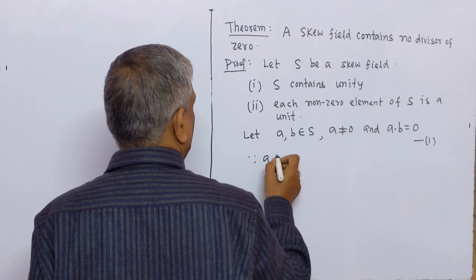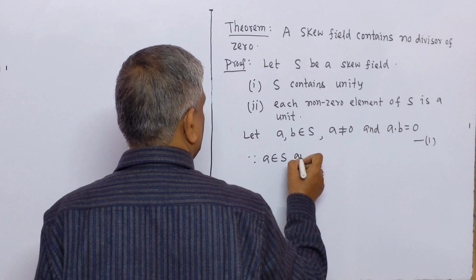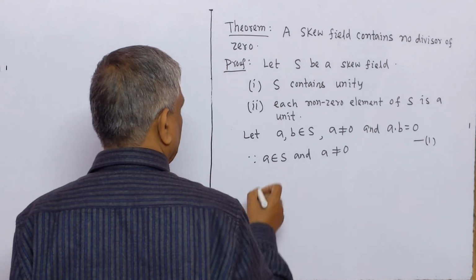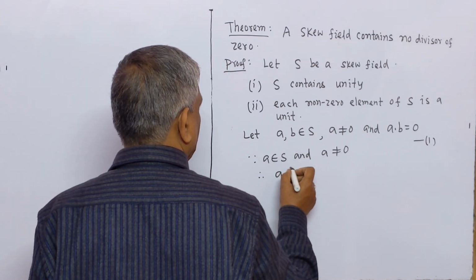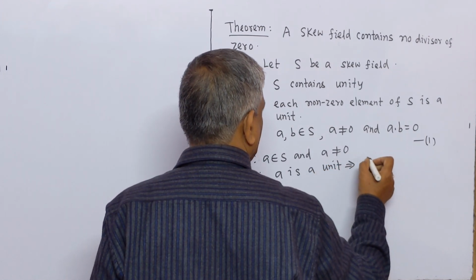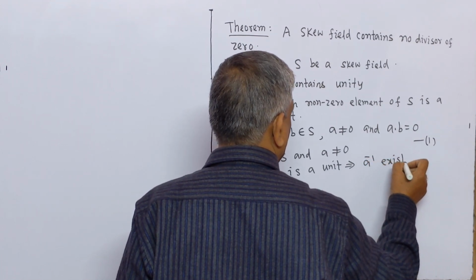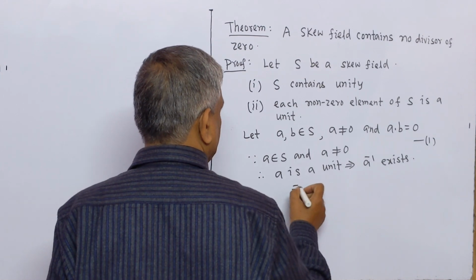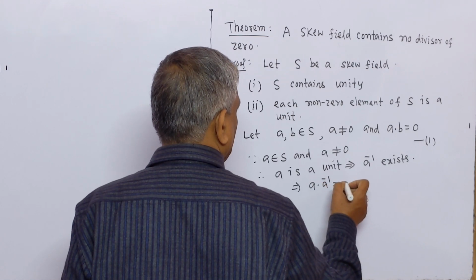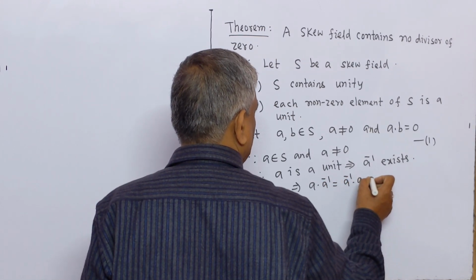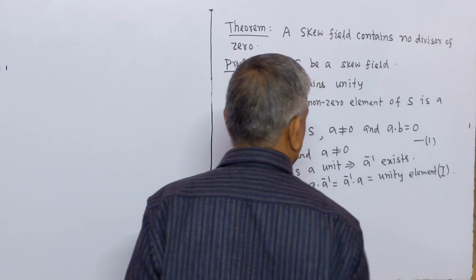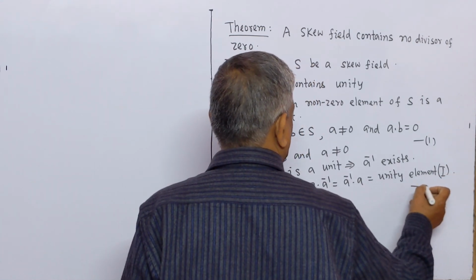Since A belongs to S and A is not equal to 0, meaning a non-zero element, therefore A is a unit, which implies that A inverse exists, which implies that A operation A inverse equals A inverse operation A equals the unity element I. Let this be number 2.